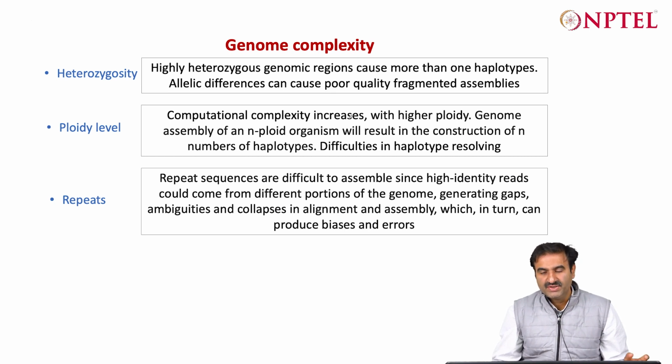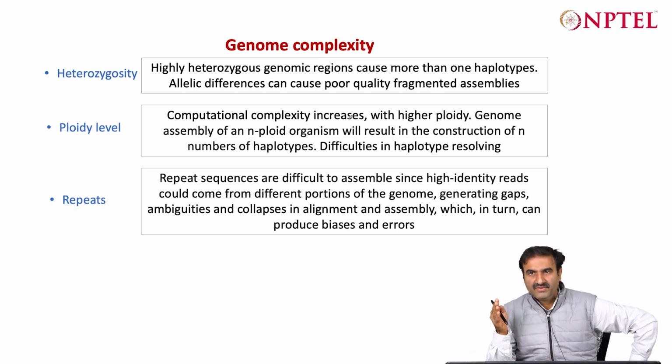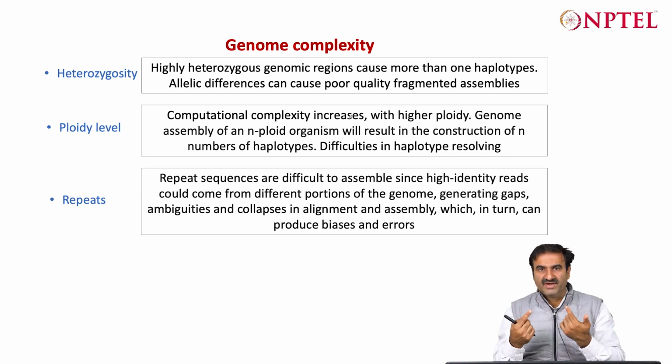Then in a genome there are several important things: the complexity, the ploidy, the amount of repeats, and the heterozygosity. We have to determine how heterozygous the genome is, because at one point in a pair of chromosomes there could be more than one haplotype and there could be allelic differences, where both alleles are different.